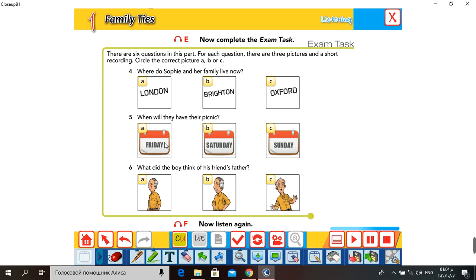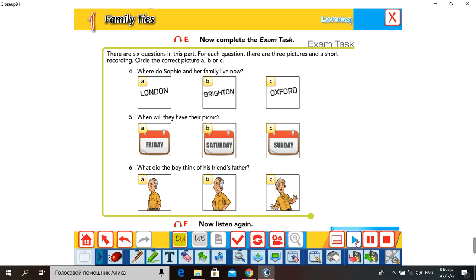We have 3 pictures with 3 different days: A, Friday, B, Saturday, C, Sunday. Number 6, what did the boy think of his friend's father? And we have 3 pictures for the same man, but with different looks or body language that expresses his feelings. Now you should be able to answer this after you listen to the recording. Ready? I will play it.